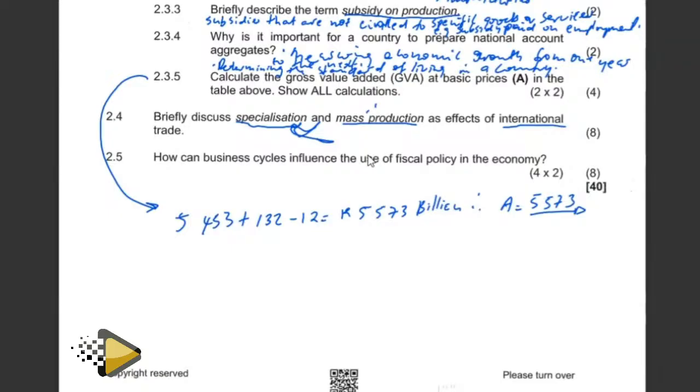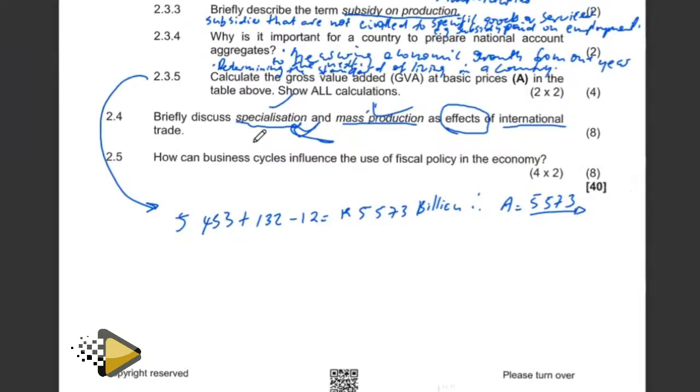So now we are going to check the effect of specialization on international trade, and also the effect of mass production on international trade. The effect of specialization on international trade is that specialization has brought an enhancement of different sets of skills in the labor force in different countries.